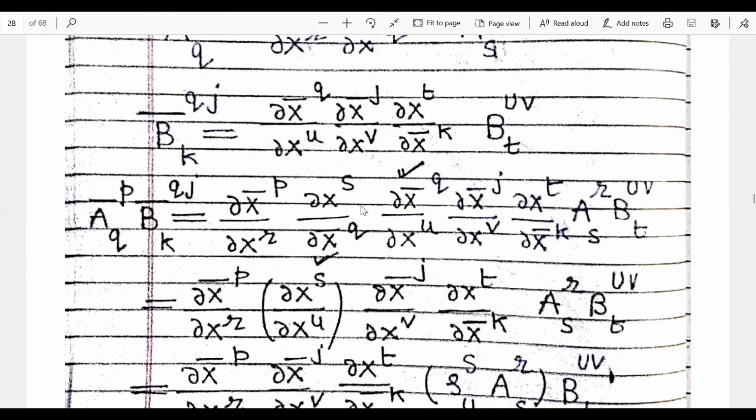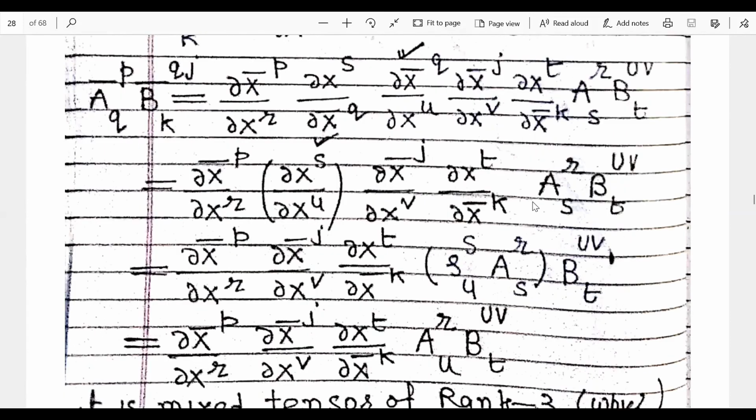Carefully see that curly x bar q and curly x q cancel each other in this result. So what is the remaining part? The remaining part is curly x s over curly x u. What is this? This is the Kronecker delta, delta su. Clear? So this Kronecker delta is attached to one of these tensors, with indices s and u.